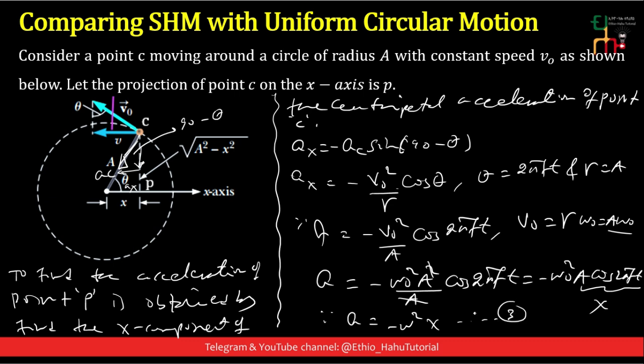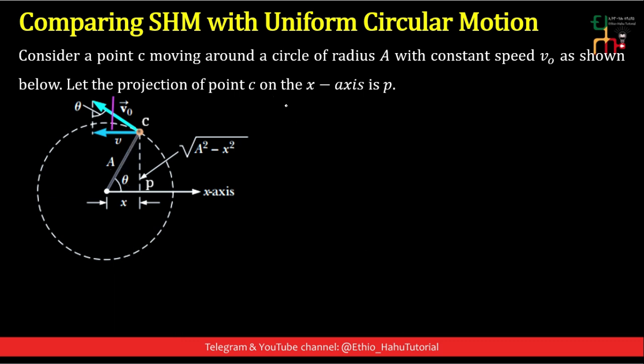Now, let's find the period of oscillation of point P. We have found the period of rotation of point C, but let's find the period of oscillation of point P. For every revolution of point C, point P oscillates back and forth once along the x-axis. Therefore, they should have the same period.